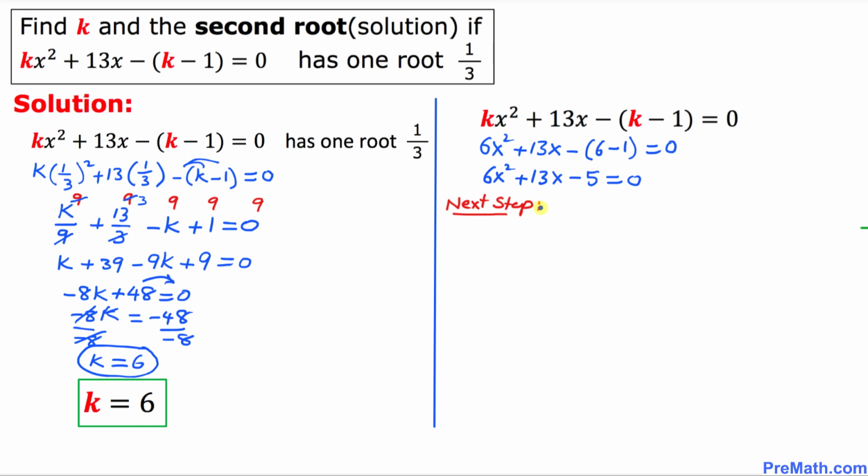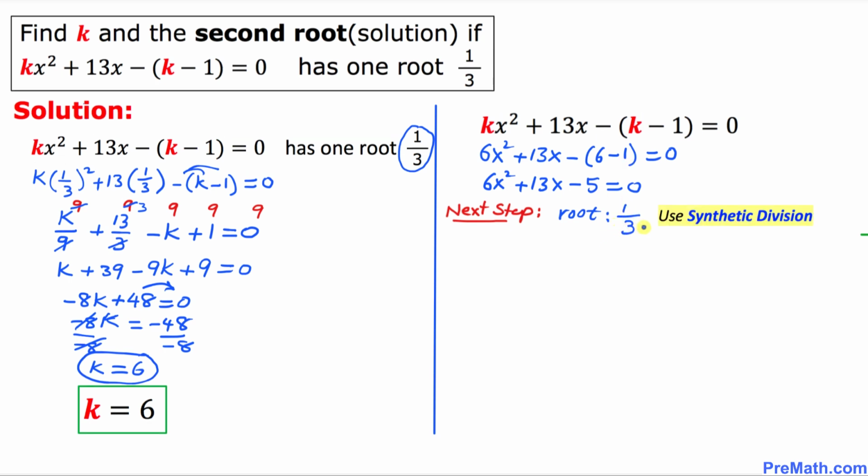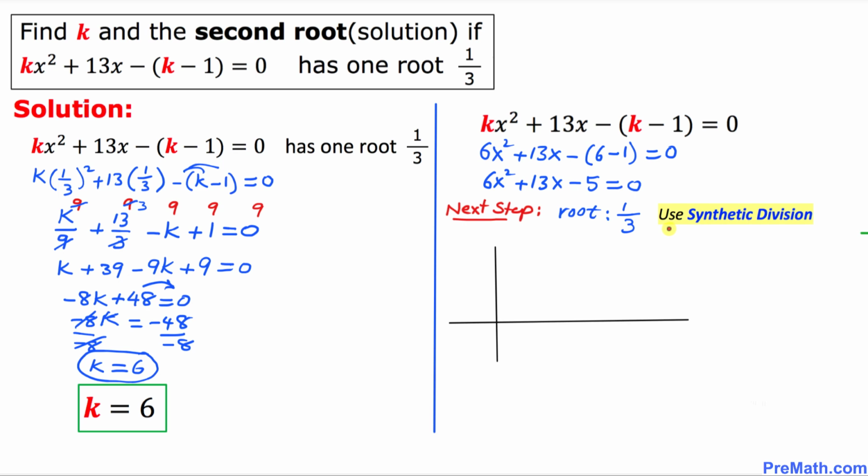Now in our next step, we know that one of our roots is 1 over 3. So we are going to use synthetic division. Now let me show you how to use synthetic division.